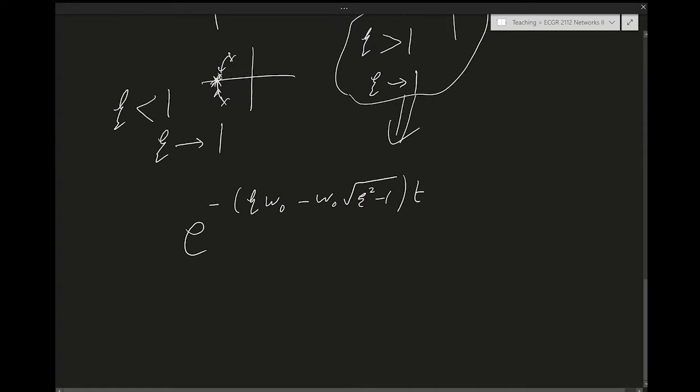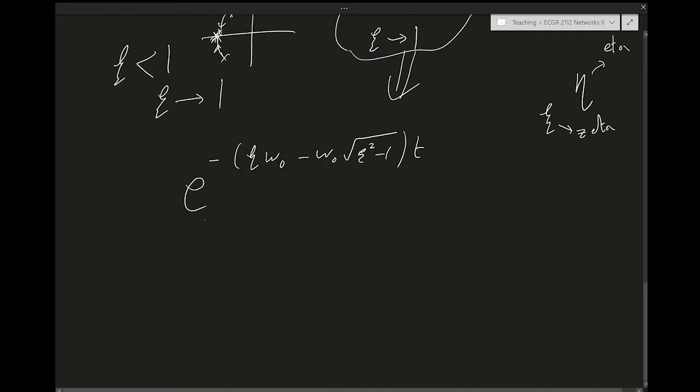Oh, this is zeta, not eta. So this has to be zeta. Okay, now I remember. So this is one solution, and the second solution is e to the minus zeta omega naught t plus omega naught times the square root of zeta squared minus 1 t. We discovered this last lecture.